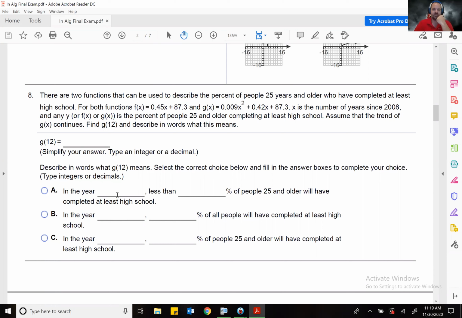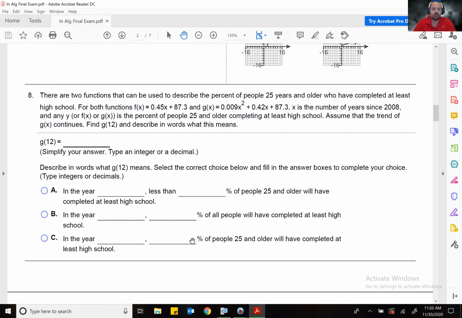Now, remember that the Y value is all about the percent of people 25 and older completing at least high school. So A says less than blank percent of people 25 and older will have completed at least high school. B: blank of all people will have completed at least high school.